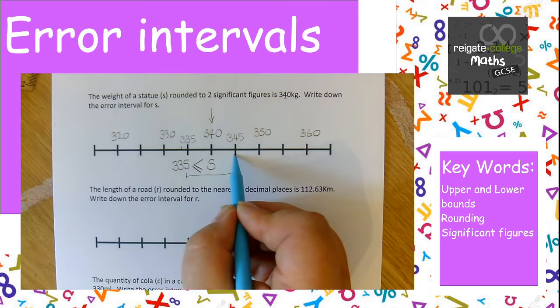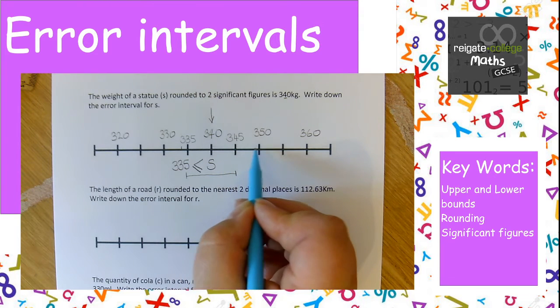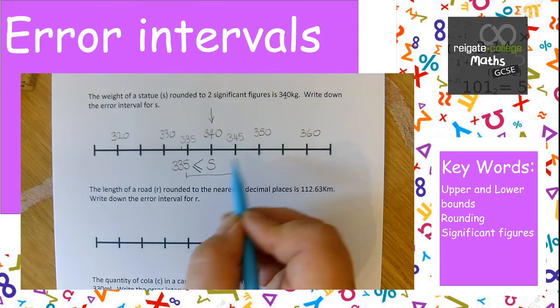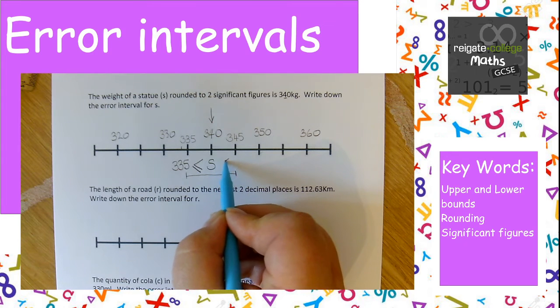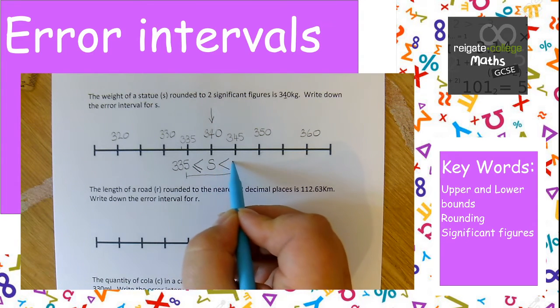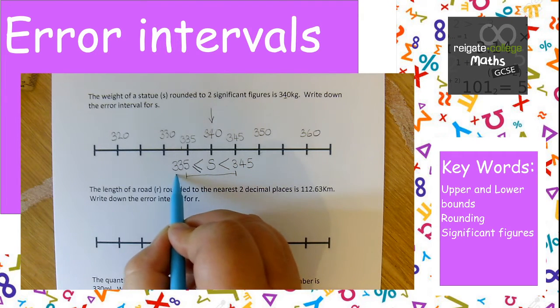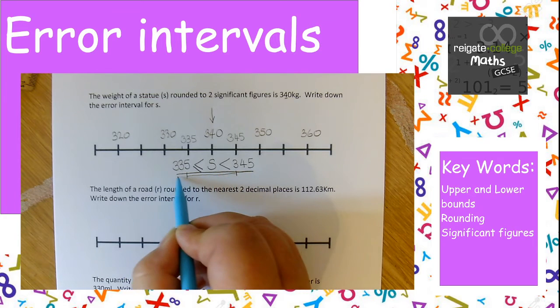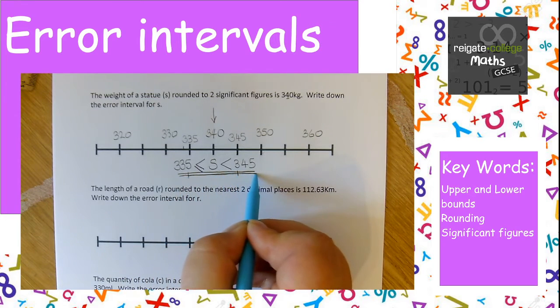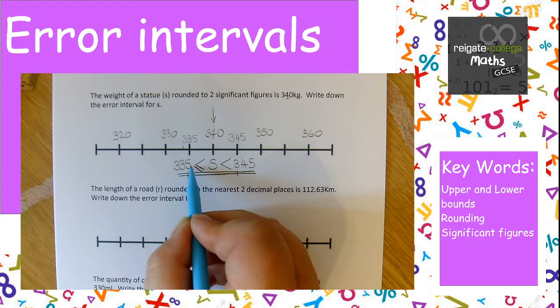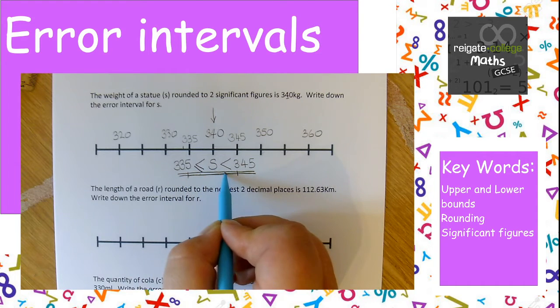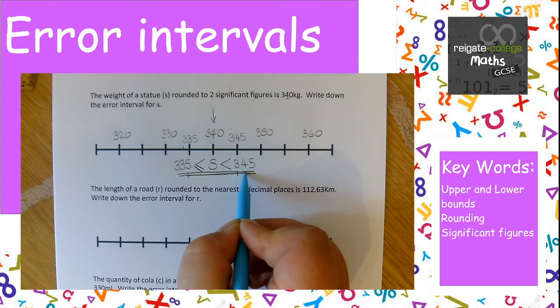Because at the point of 345 we round up, our statue has got to weigh anywhere less than 345. So this notation is the answer to our question. Our statue is greater than or equal to 335, but less than 345.